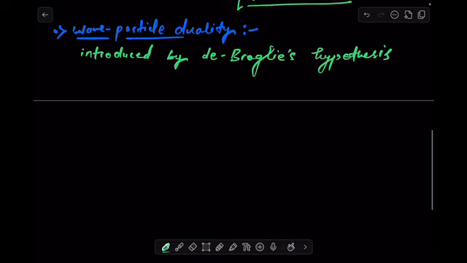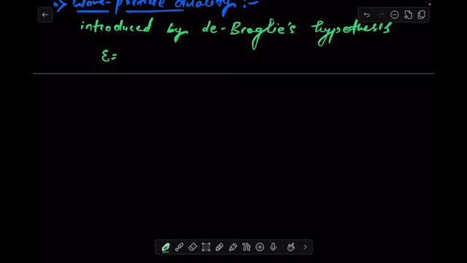So what he did is he considered the energy associated with the electron is equal to h nu, that was given by Planck's quantum theory.